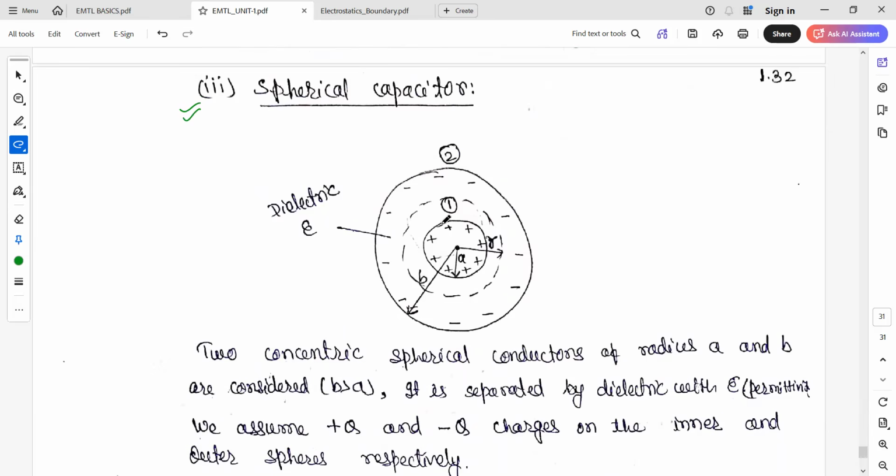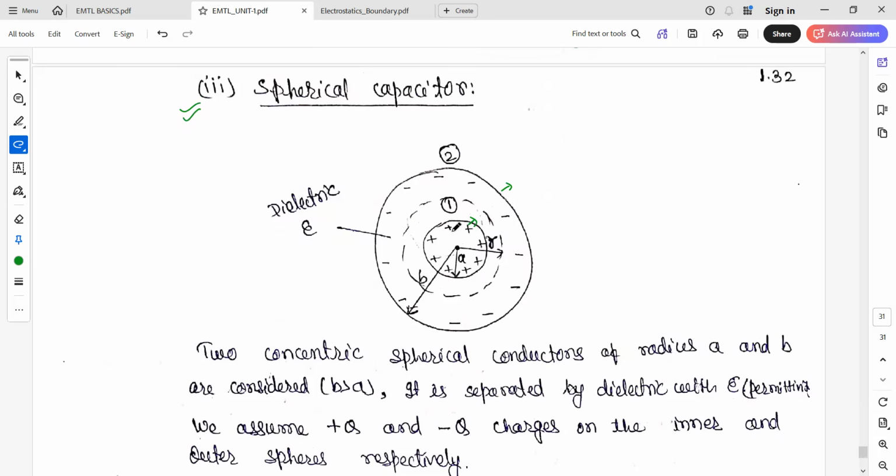Inside one sphere, you can think of another sphere, forming something like two plates. A capacitor is two parallel plates separated by a dielectric medium. Here one inner sphere and one outer sphere form the capacitance effect, with dielectric inside. The inner sphere has radius a, and the outer has radius b.